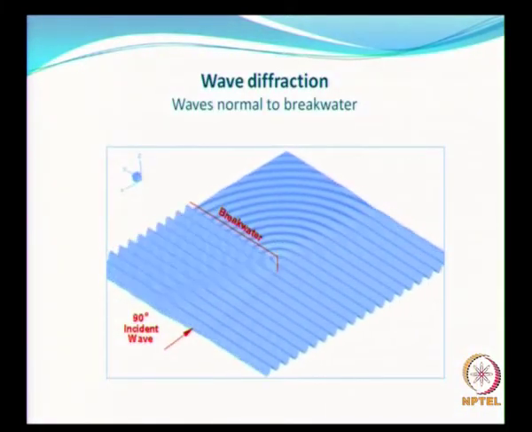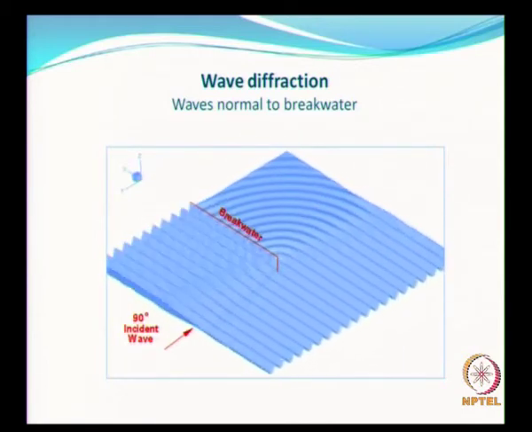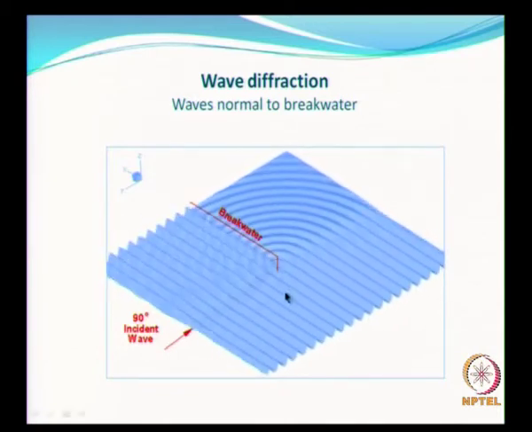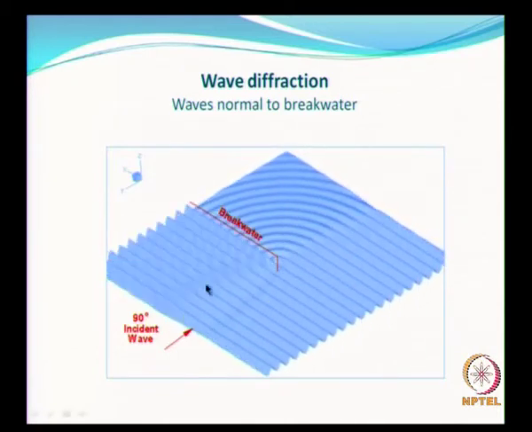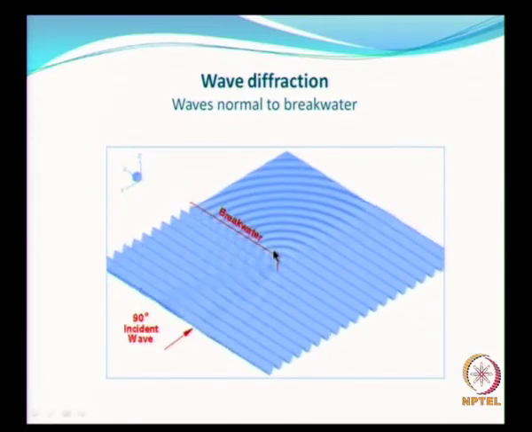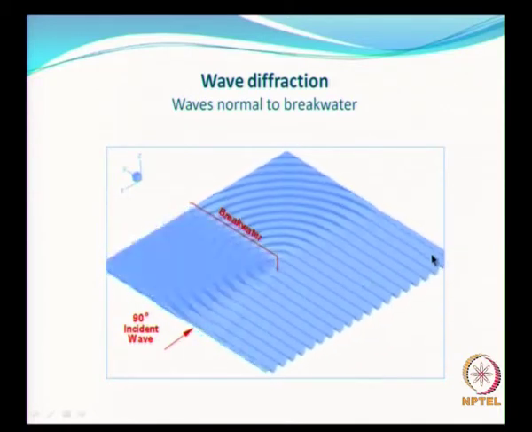So this is an animation wherein you see the breakwater here, the presence of breakwater, the waves are moving, and after impinging on the structure you see that this moves uninterrupted.